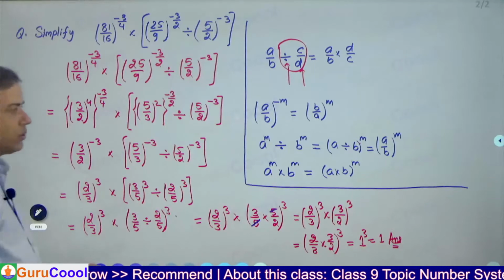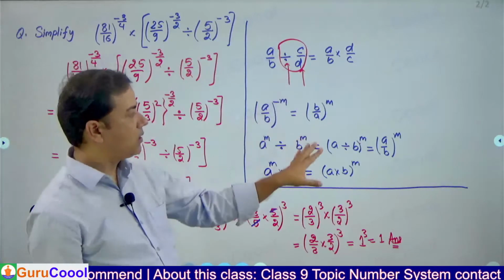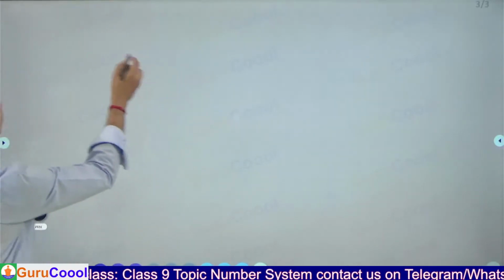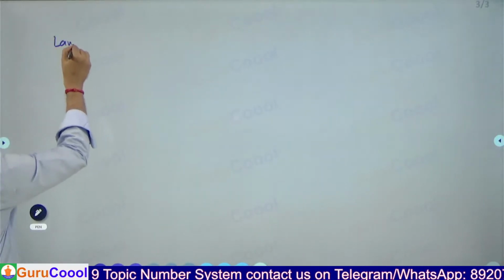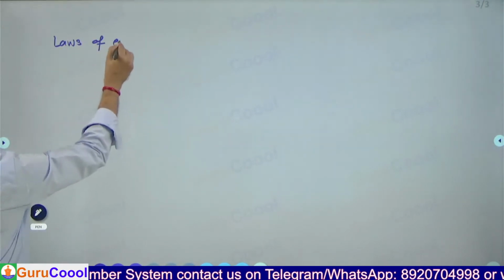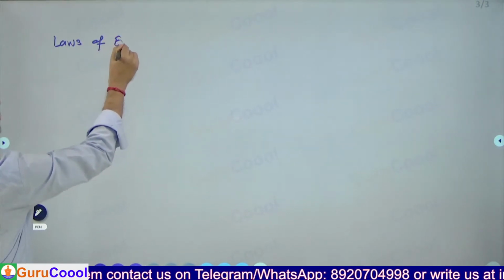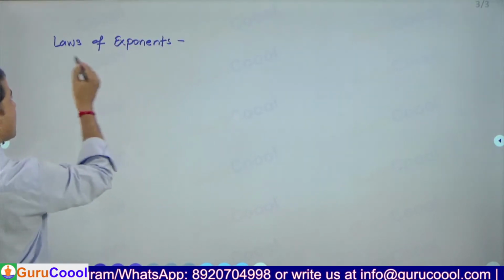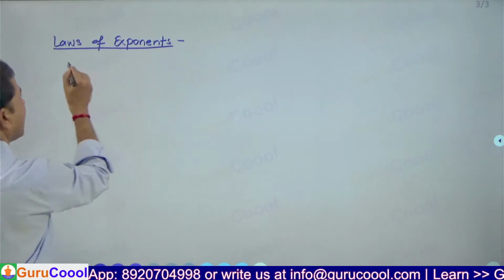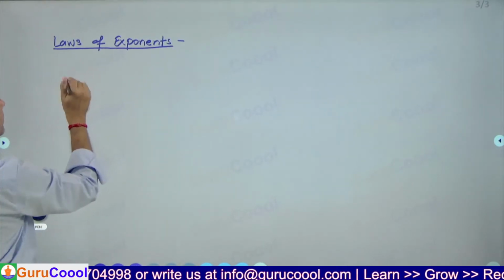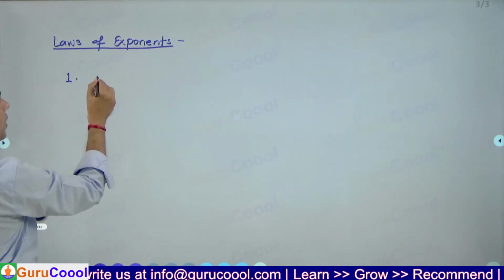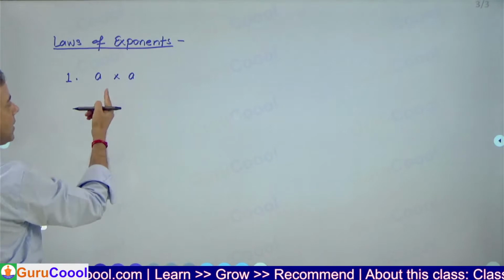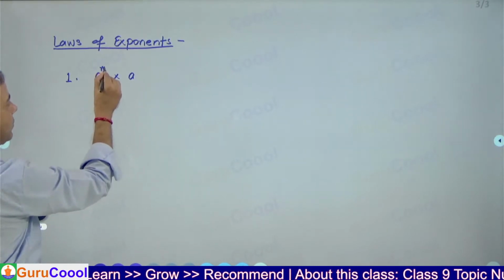Before going to the next question, I would like to confirm if you remember these laws of exponents. Yes, sir. Laws of exponents, number 1: you have same bases with multiply sign and different powers.